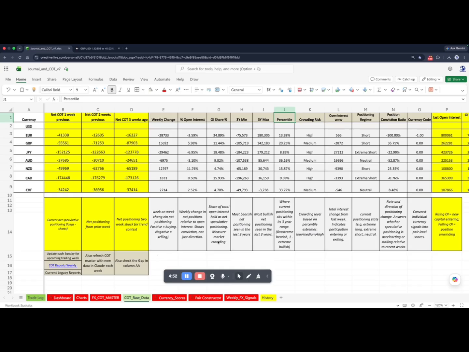And what I found in extensive backtesting is that wherever this percentile range is sitting, you can see here that we are at the extreme short here and here for the Japanese yen, 8.83 for Japanese yen, 9.39 for Canadian dollar. What I found is once these percentile levels get lower than this, closer to the 0% of the absolute extreme level, it's like an earthquake.